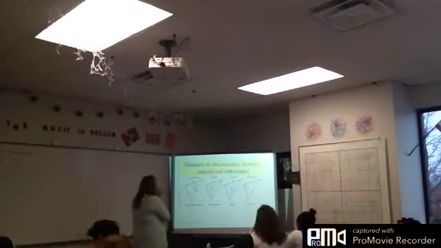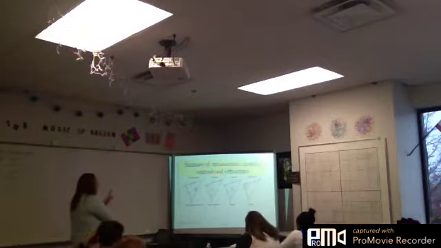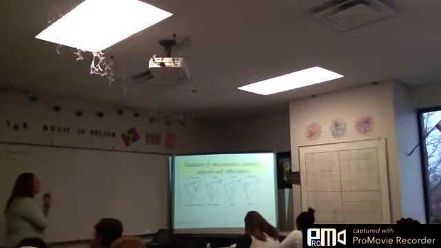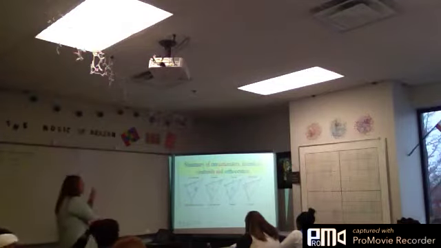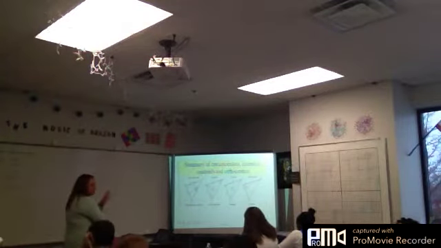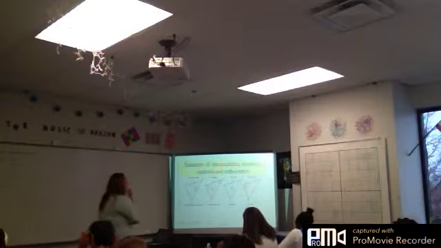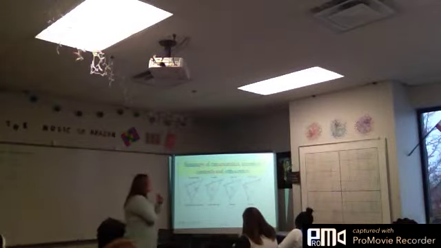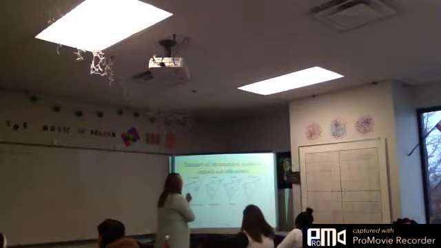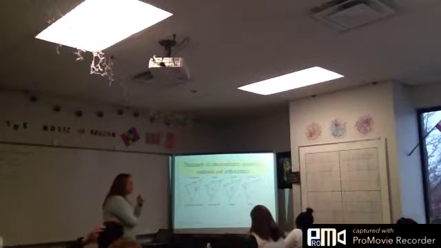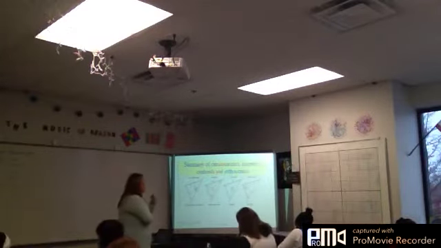Okay, so here's a little synopsis of what we've done. You have the circumcenter, and the circumcenter goes with what type of bisectors? Perpendicular. You have the incenter, and it goes with angle. You have the centroid, which goes with medians, and you have the orthocenter, and it goes with altitudes, okay?